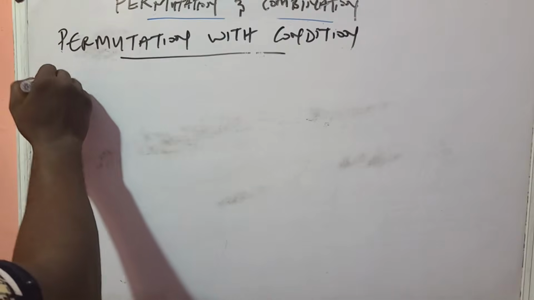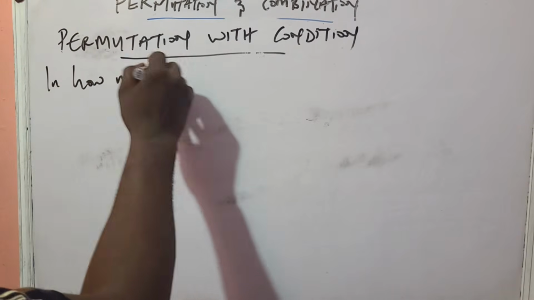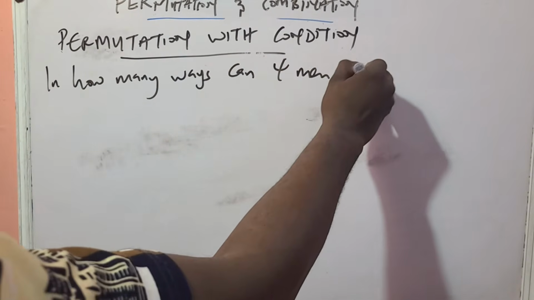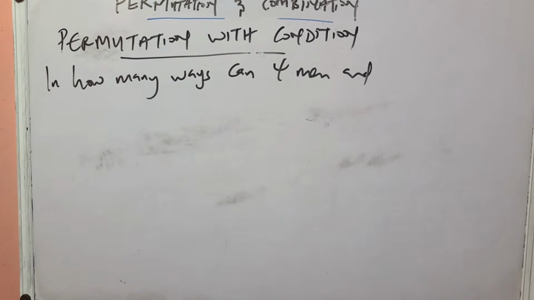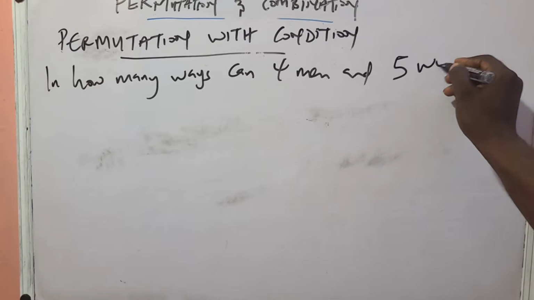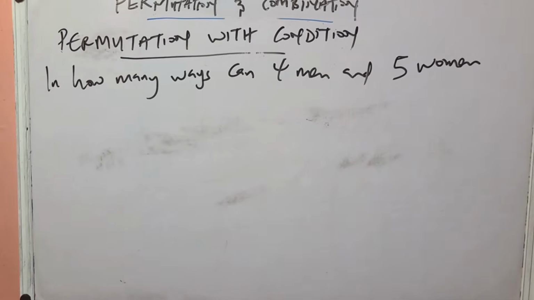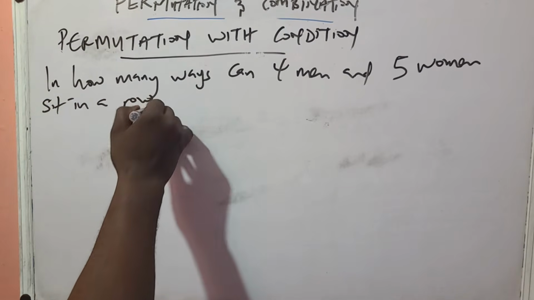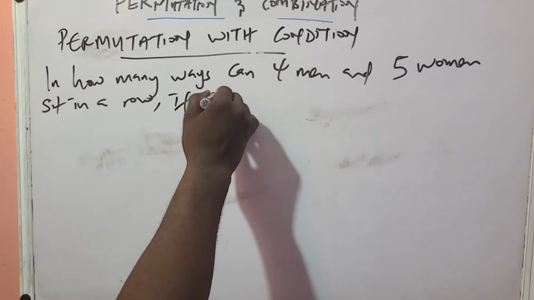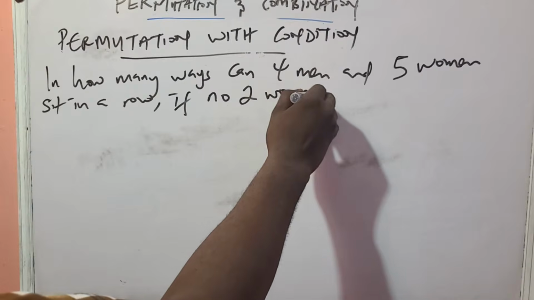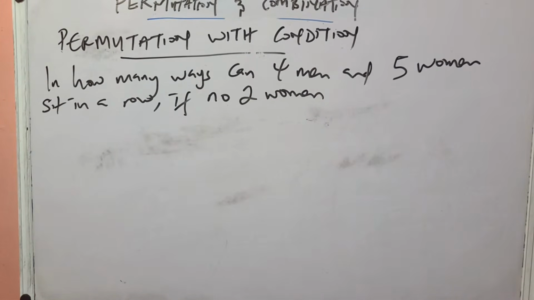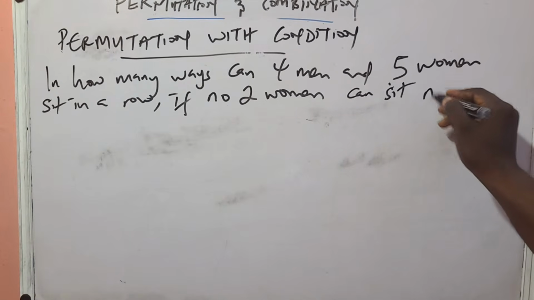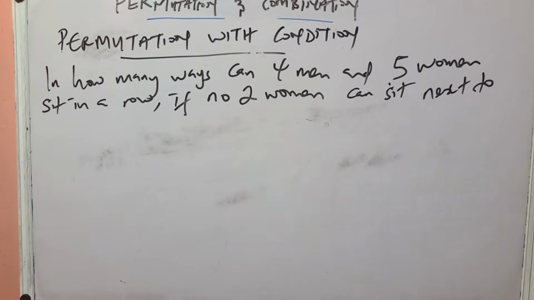What don't you understand? In how many ways can 4 men and 5 women sit in a row if no 2 women can sit next to each other?